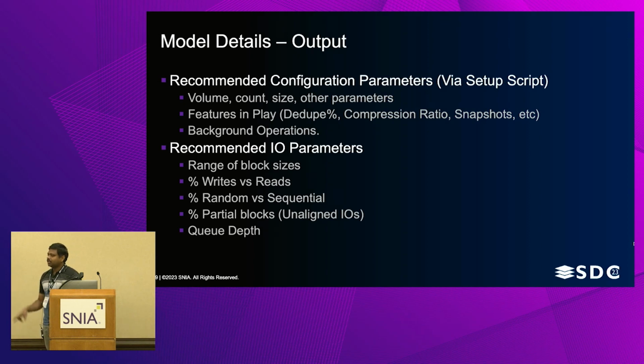It also gives the combinations of how many unmaps and how many deletions we need to have, and essentially the queue depth. So these are some of the parameters which will be the output of the model. The above recommendations related to configuration parameters come via the setup script. They're not coming from the model.